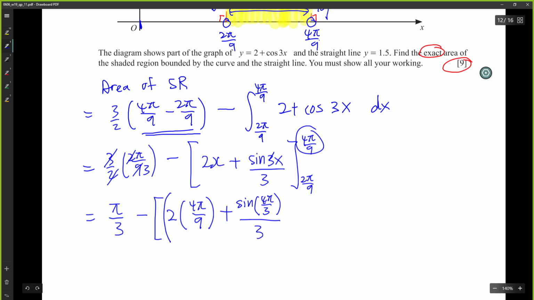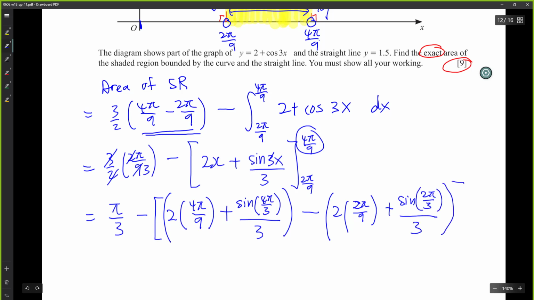I'll put a big bracket because I still need to minus it. So 2 pi over 9, and then plus sine. This one I will simplify like just now, so I get 2 pi over 3 divided by 3. Close the bracket, close the bracket. Yeah, we have so many brackets.